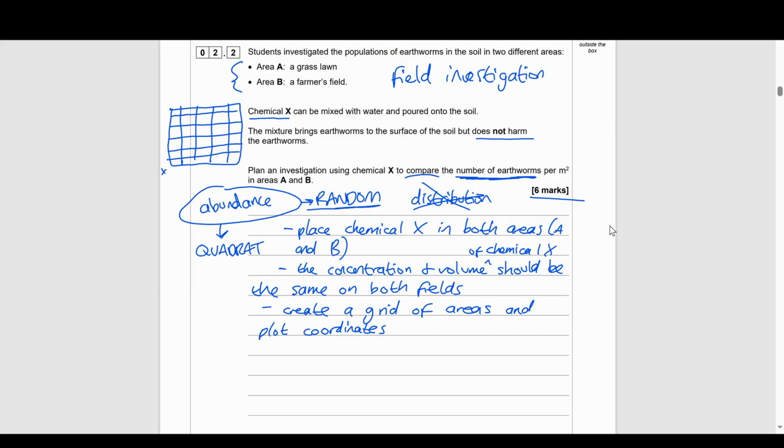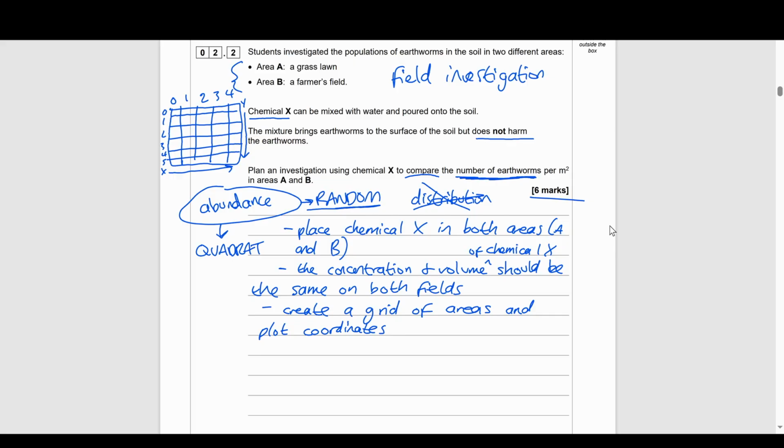And what that allows us to do is to essentially have an X and a Y axis for our grid of our field. And then each of these squares can be assigned a number. So this could be 0, 1, 2, 3, 4 for our x-axis, and then 0, 1, 2, 3, 4, 5 for our y-axis.